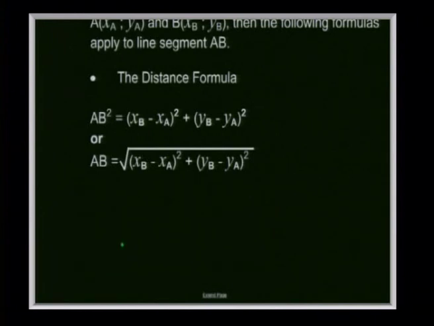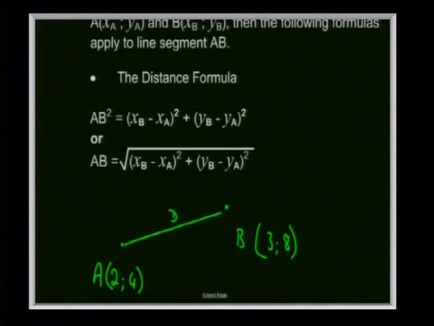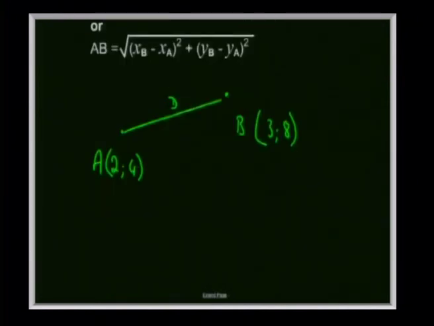Let's do a little example. Well, if I have point A over there, and I'm not drawing a full Cartesian plane, I'm just going to put this in mid-space, that is the point (2, 4). And I have a point over there, point B, which is the point (3, 8). What is the distance between them? I'm going to use the distance formula.